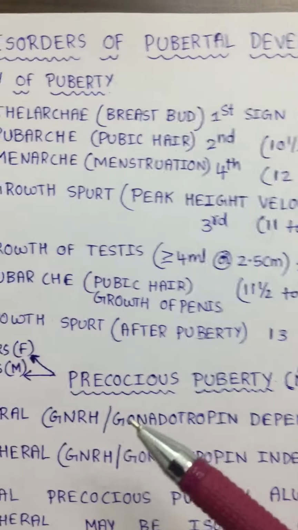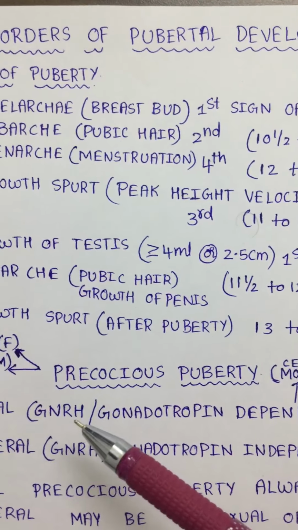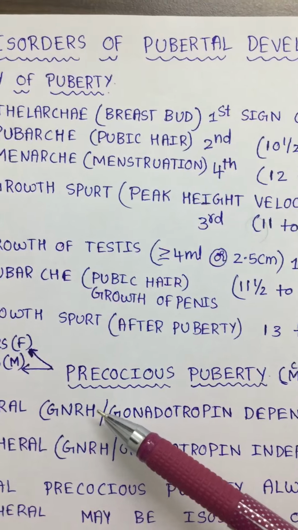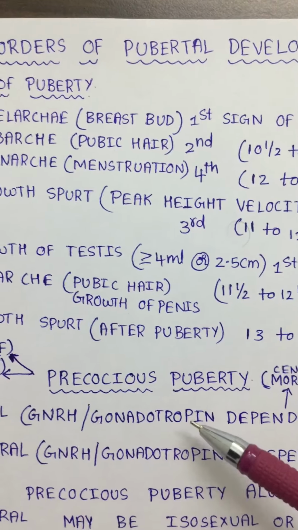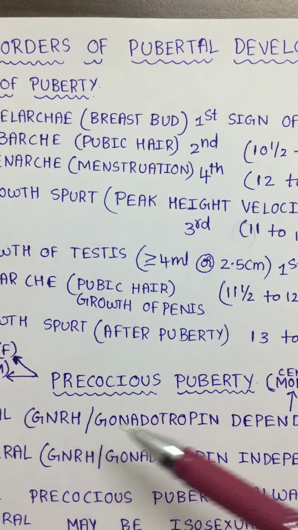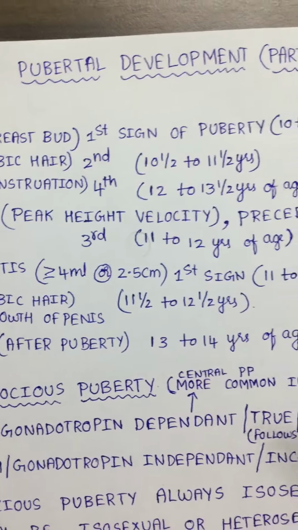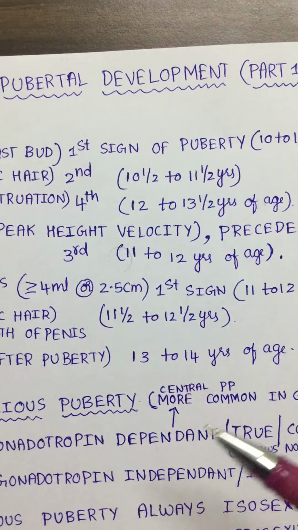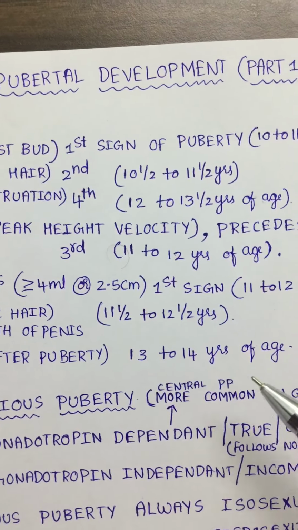It is mainly due to GnRH and gonadotropins, so it is called GnRH dependent or gonadotropin dependent precocious puberty.